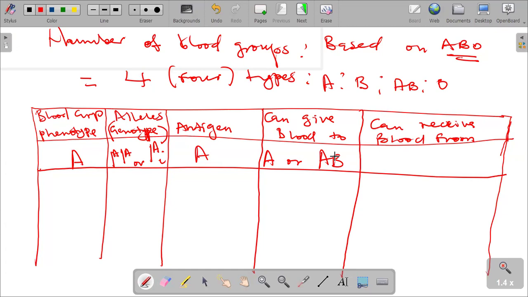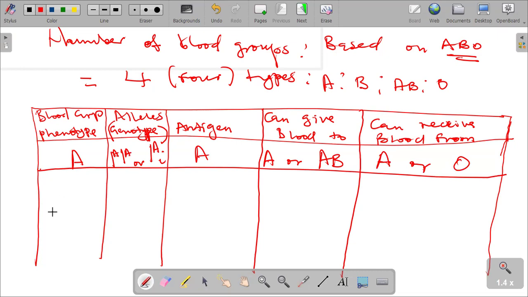He can receive blood from people who are blood A or blood O. So blood A genotypes are those I've given you there, and it produces antigen A. Antigen A is a substance which, when introduced in the body, causes the production of antibodies, and the protein molecules found on the red blood cells are examples of antigens.